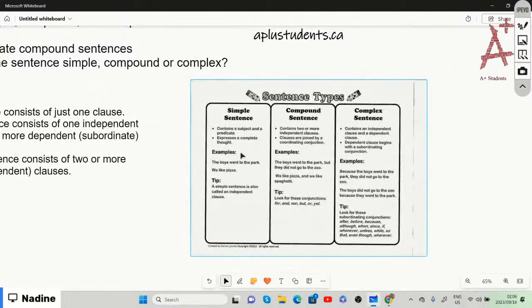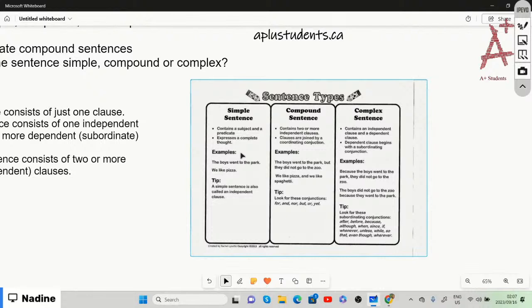So here's once again a breakdown of the different sentence types, starting with the simple sentence. And we said a simple sentence contains a subject and a predicate or a verb, right? And it expresses a complete thought. That is a simple sentence.